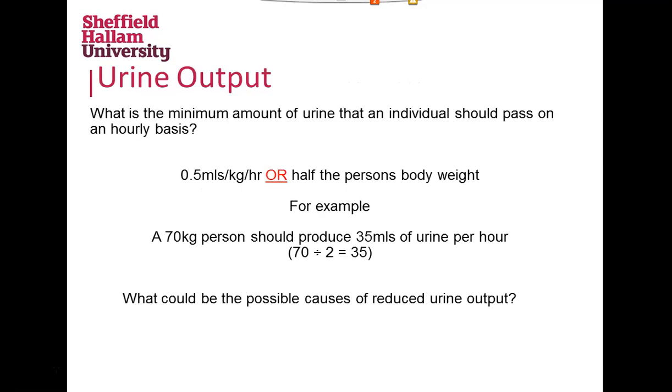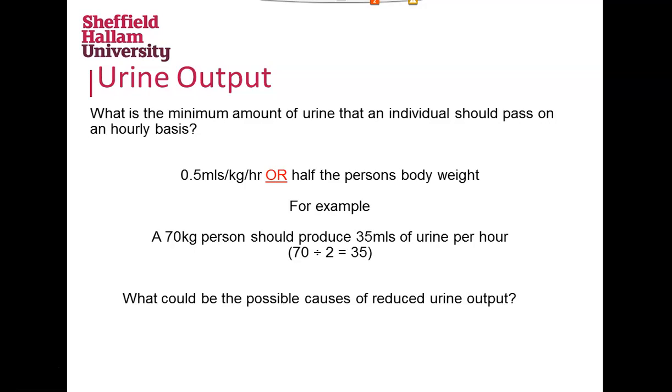So urine output. What is the minimum amount of urine that an individual should pass on an hourly basis? So I'm presuming most of you will be aware of this. We need to work on a basis that at a very minimum, we want to see at least 0.5 ml per kilogram of the patient's body weight every hour being produced.